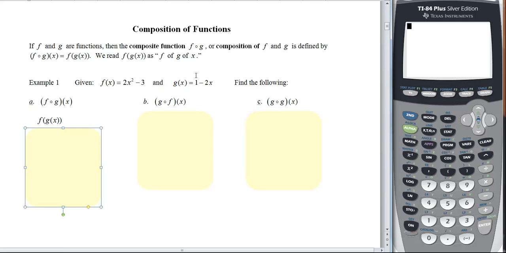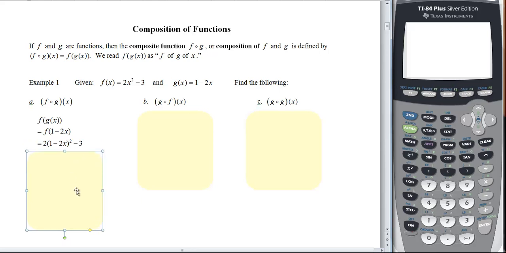So with parentheses, I'm going to get that 1 minus 2x, put it in here. Okay? Now, with this, think about this. Pick the parentheses up, lock, stock, and barrel. Go look for x in f, and I'm going to substitute it in there. Whoopsie. And guys, we've seen this before. I've got to go and FOIL this, bring it back.